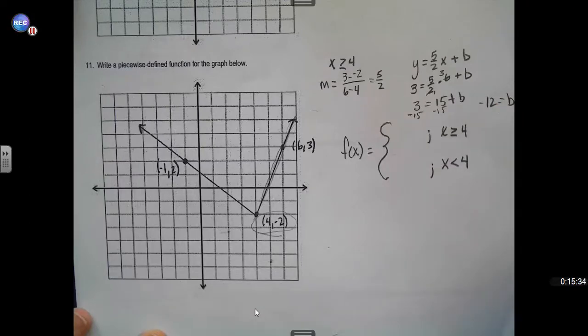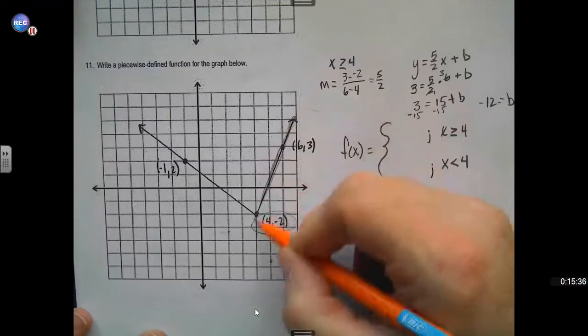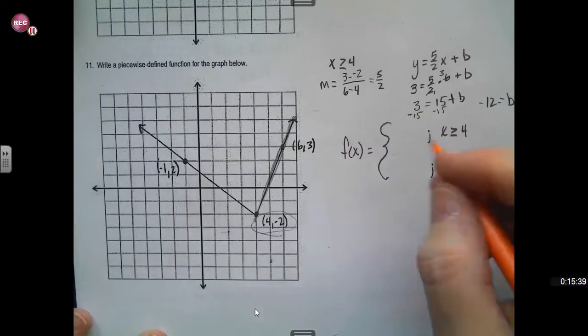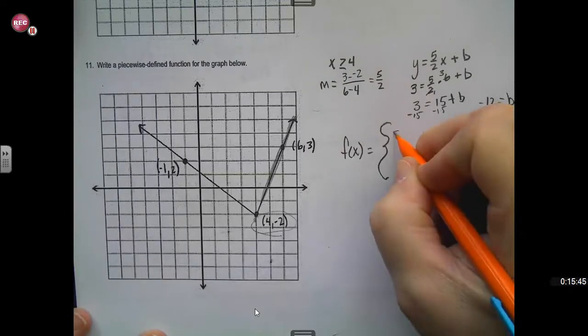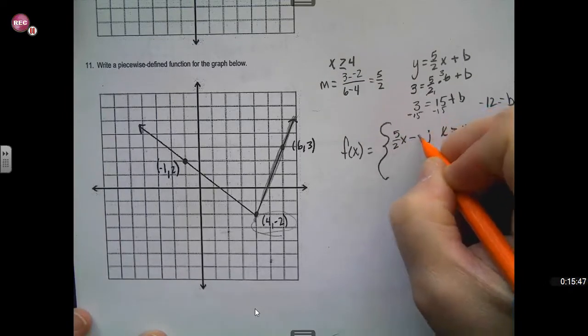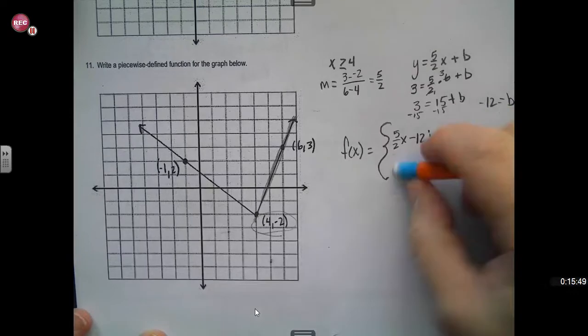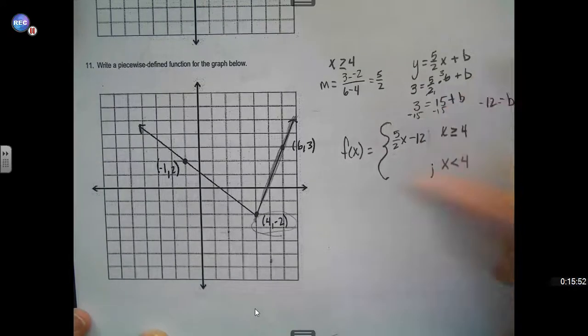So the equation for this line, okay, and that's the greater than or equal to 4 line, is 5 halves x minus 12, okay? That over and down a little bit, okay?